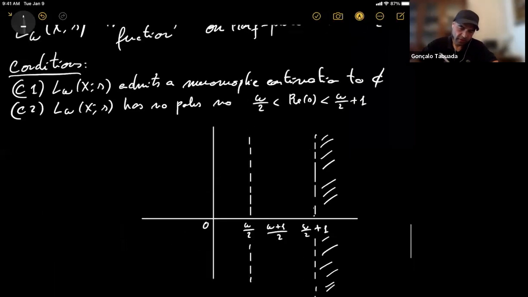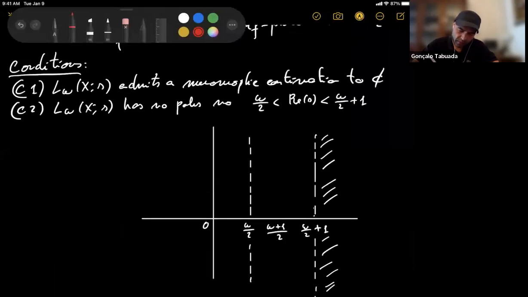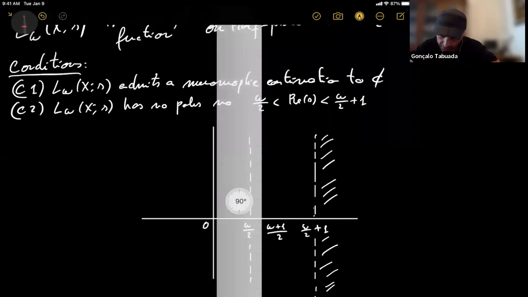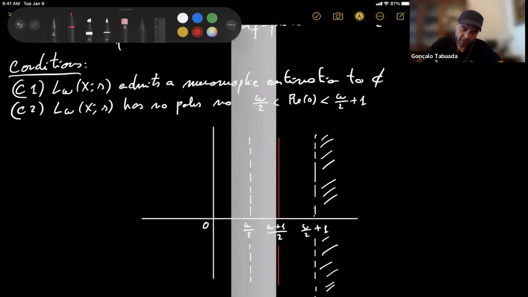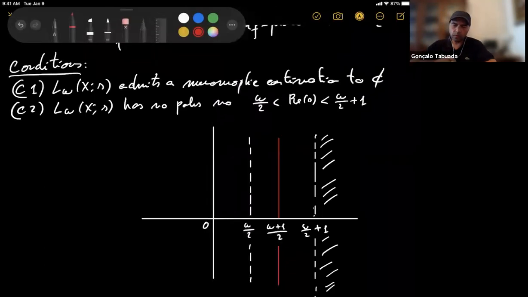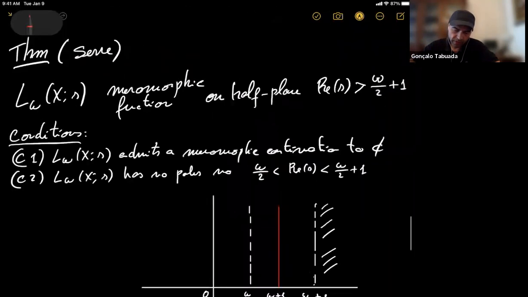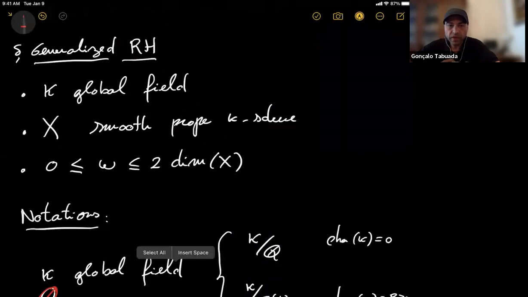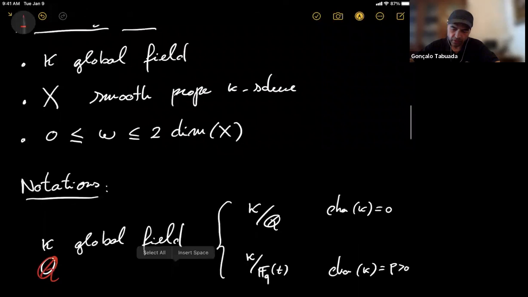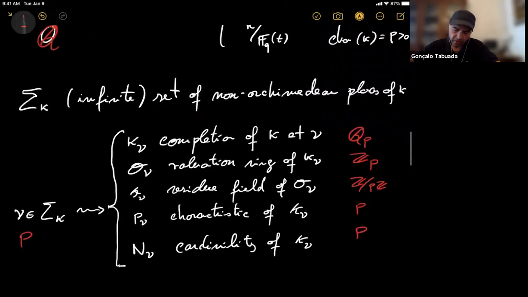In other words, the zeros are expected to land here on this red line. As you might already see, this is a very vast generalization of the classical Riemann hypothesis.